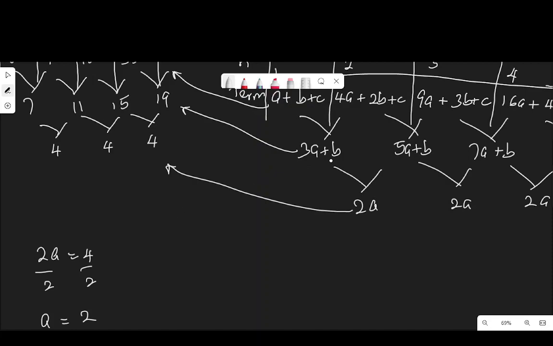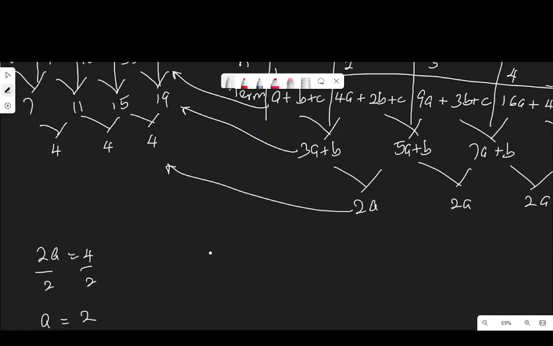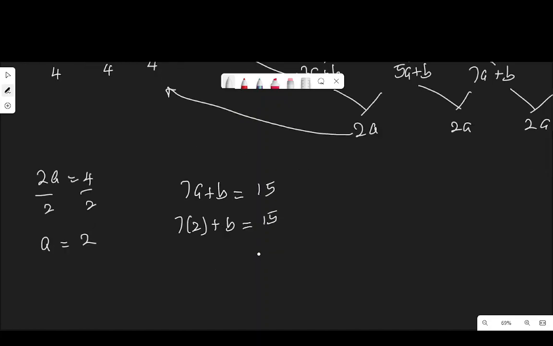So I'm comparing the third element in each table. So 7a plus b equal to 15. And we know a to be 2. That is 7 times 2 plus b is equal to 15.